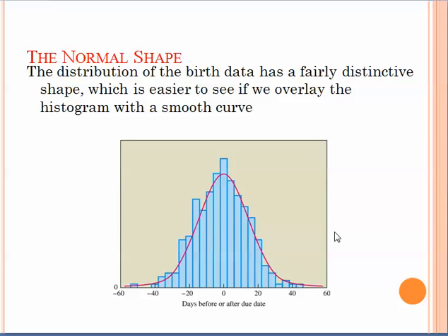The distribution of the birth data has a fairly distinctive shape, and it basically fits this bell shape, the normal distribution shape. Typically, as many births will occur after the due date as before the due date, and most of the births are clustered around the due date.